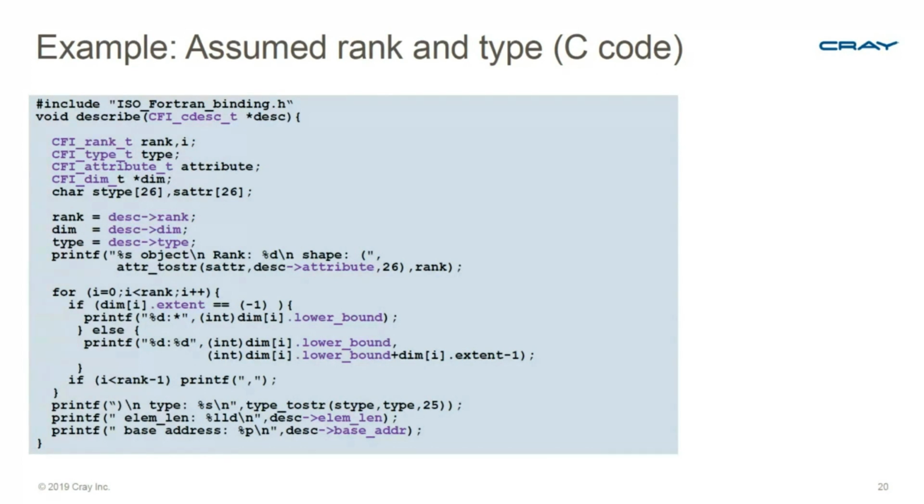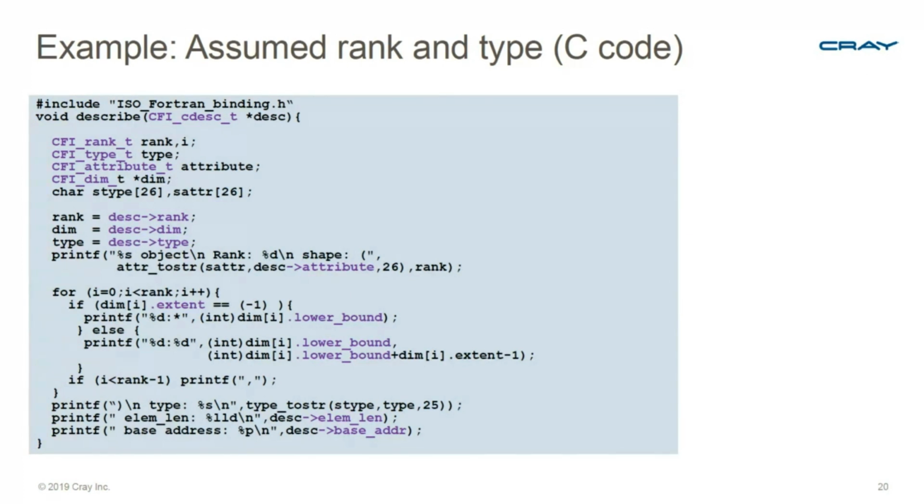So here you notice I set the rank to be the rank component of that descriptor. So I can inquire what the rank was. I can get an array of dimensions. I can get a type. I can print out some attributes. So attributes basically tell you whether the argument that was passed is a pointer or an allocatable or neither of those things.